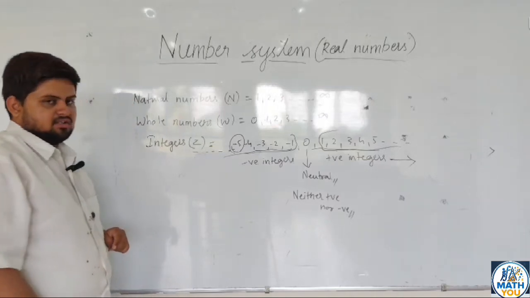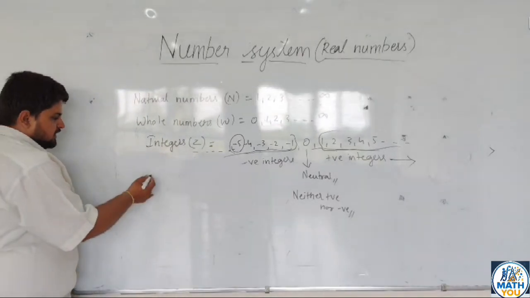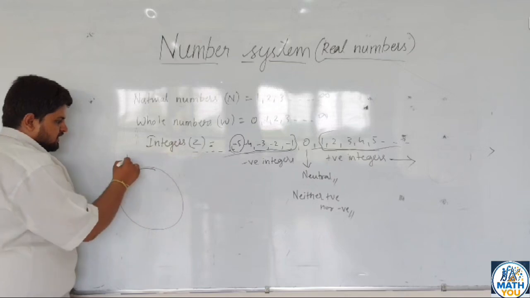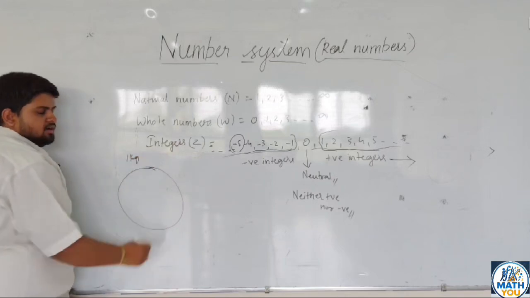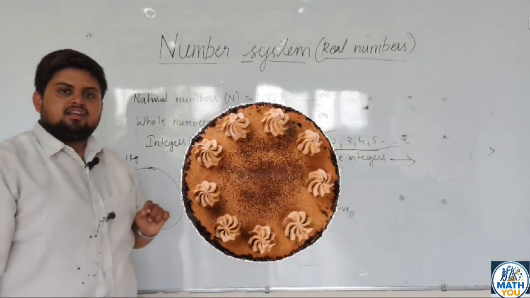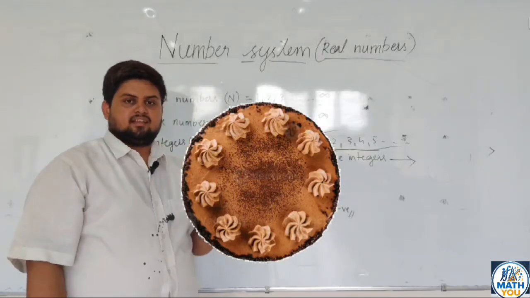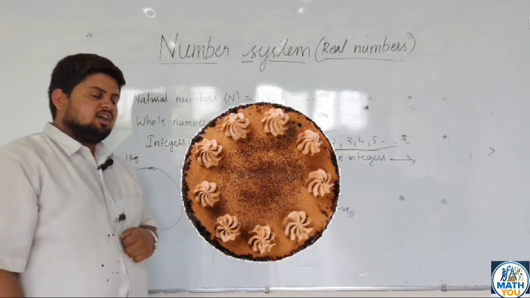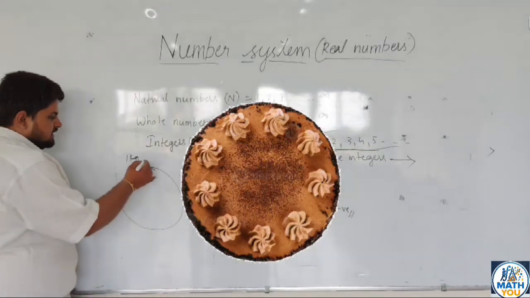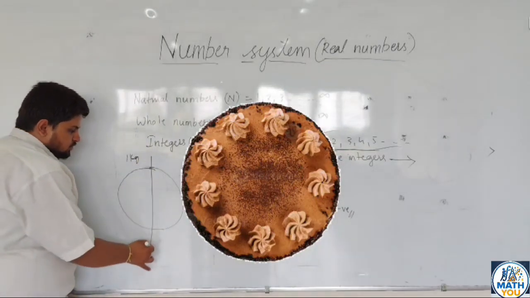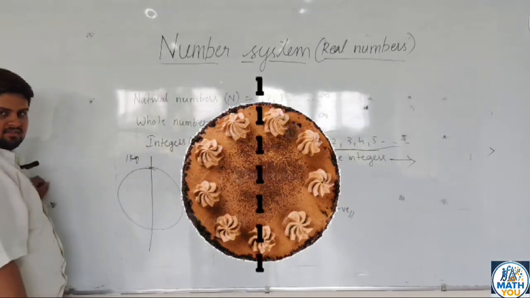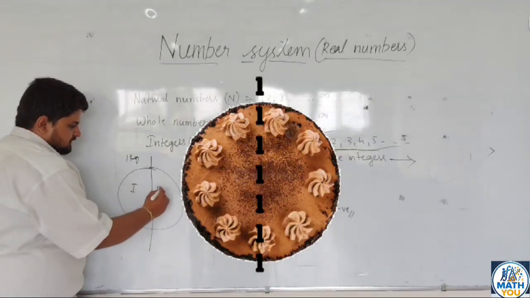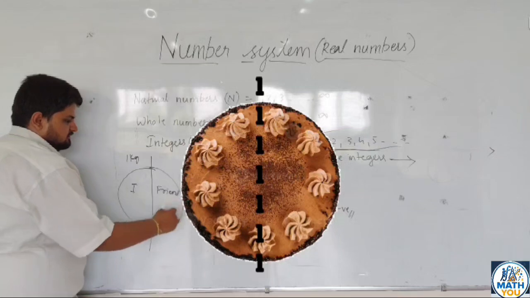Now let me give you one more example. My friend, who was very kind, brought me one full 1 kg cake for my birthday. Unfortunately, there are only 2 people who could eat this cake, me and my friend. So my friend divided this 1 kg cake into 2 equal parts, so that I can eat one part and my friend can eat one part.